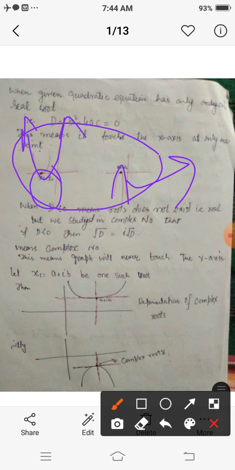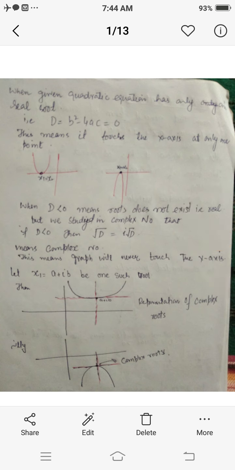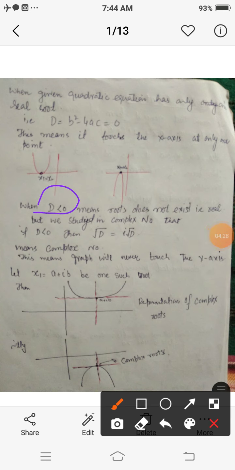Now when the discriminant is less than 0, you know that the given quadratic equation has no root, that is, roots do not exist in the real number system. The first portion of this unit dealt with complex numbers. When the discriminant is less than 0, while solving we have root D, that is the root of b square minus 4ac.